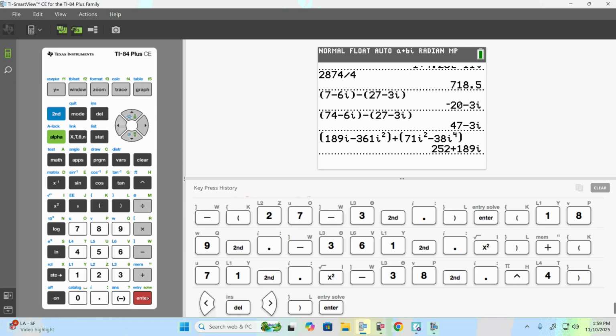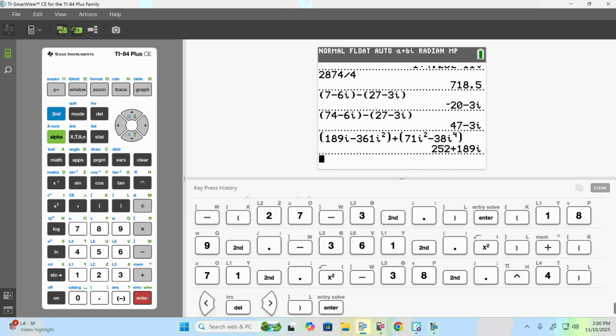It'll tell us it's 252 plus 189i. We can type it in to get that power of 4. We use the caret key, the button above the division button, to do those exponents. Another way is to hit the x squared button, use the arrow as a cursor to go back up to it, and change it from a 2 to a 4.